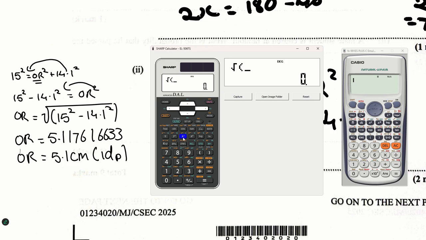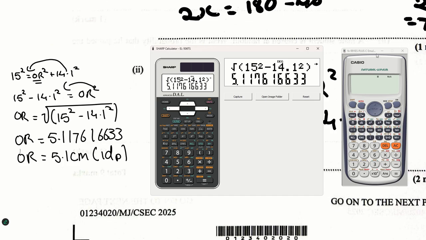Second function, and then x squared, which will give you square root of 15 squared, minus 14.1 squared, close the brackets. Make it best practice to open and close the bracket anytime you're finding the square root of something. You press equal and you see I get this answer.